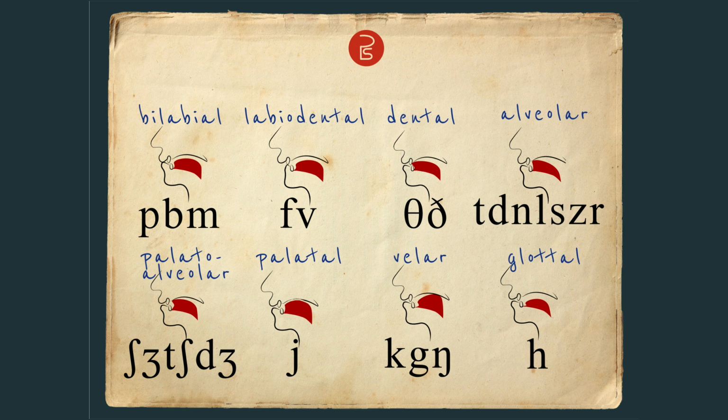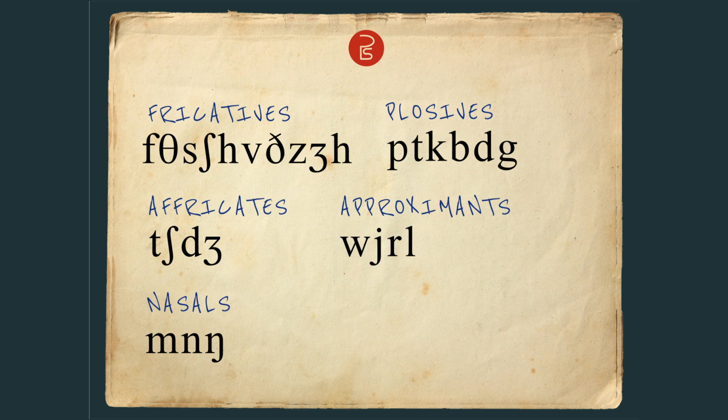And going further back, we've got the velar sounds, k, g, and ng, with the back of your tongue just touching that soft part of the roof of your mouth at the back there. And finally, going right down to the throat, you've got h, which is in the glottis. So English has a big cluster of sounds around the alveolar ridge. So that's place. The final criterion, after voicing and place, is manner.